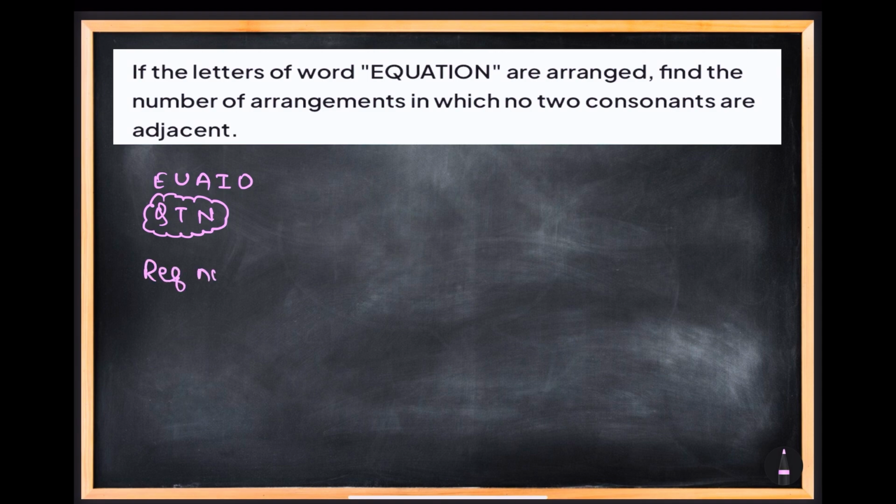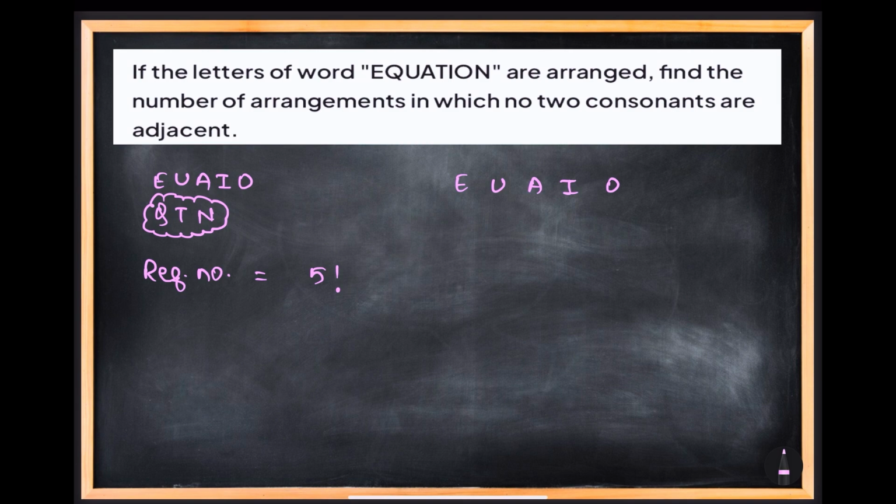Required number: first I will arrange the vowels. So there exist E, U, A, I, O. There are 5 letters, so 5 letters will be arranged in 5 factorial ways.